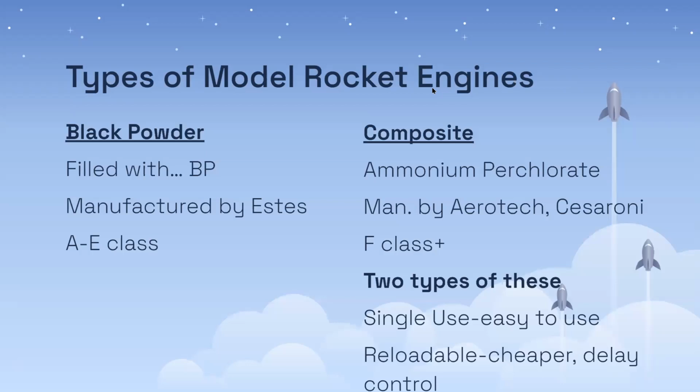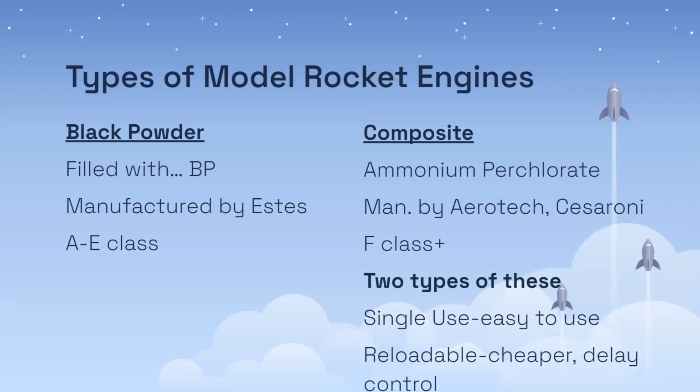So this has already been partially touched on, but there's two different types of model rocket engines. So the first one is black powder, and it is, as its name suggests, filled with black powder. It is manufactured by Estes and is usually used from an 8E class motor. So these are smaller motors.